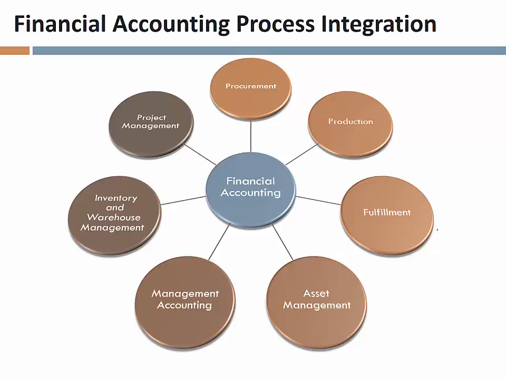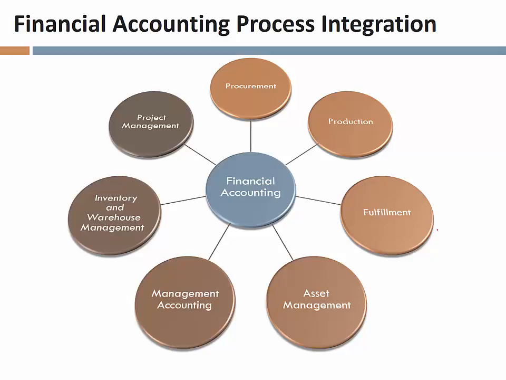So it's the role of financial accounting to capture information as things occur and then make that information available to management accounting. As a point of fact, in early ERP systems, financial accounting and management accounting were treated as two totally separate things, which made it possible for records to diverge and for there to be inconsistencies.